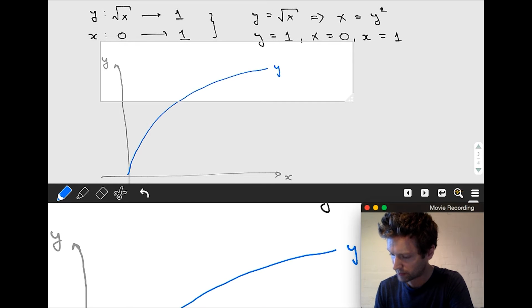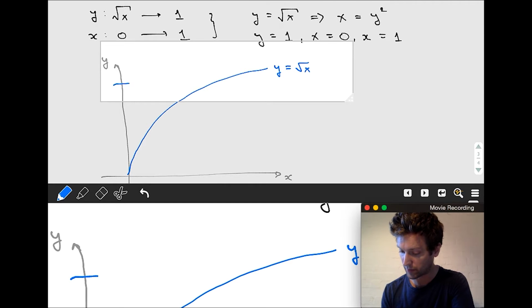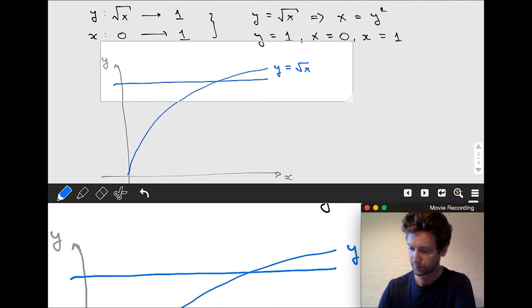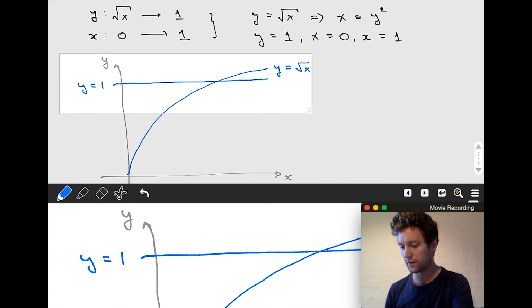We also have y is equal to 1, which is a horizontal line passing through y is equal to 1. And we've got the lines x is equal to 0 and x is equal to 1. Those are vertical lines.